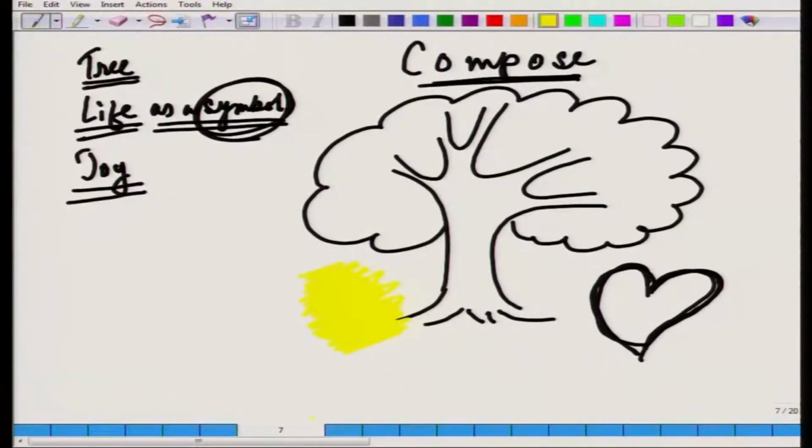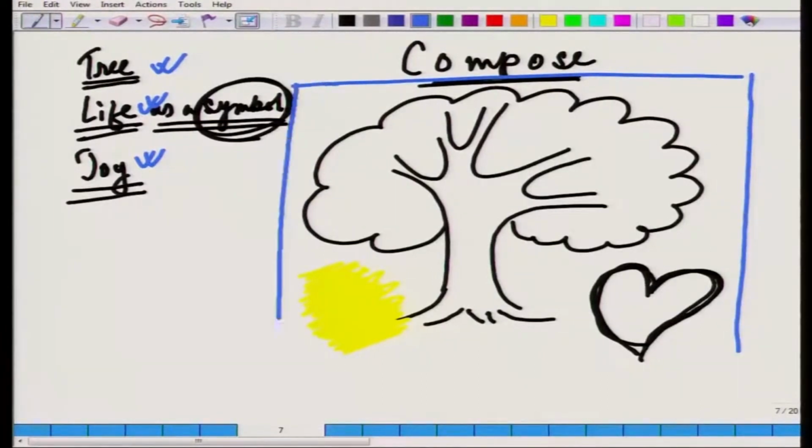So, our idea of tree as a source of life and joy does not get properly conveyed here, and this composition can only lead to confusion, because when we see a tree, it is just the tree.